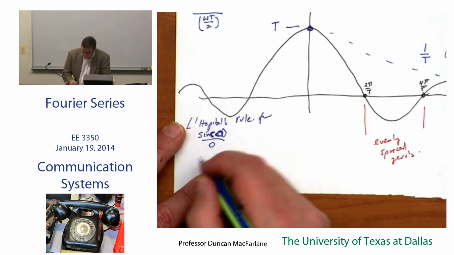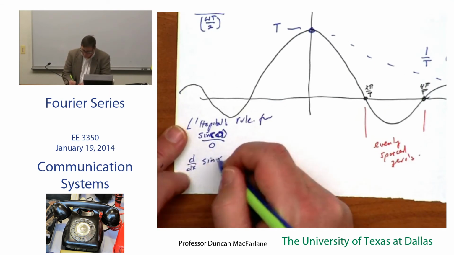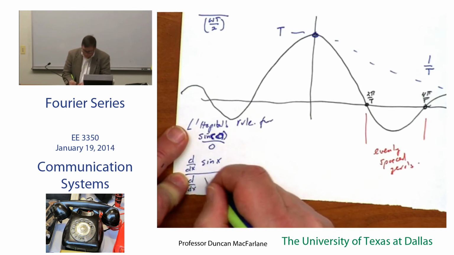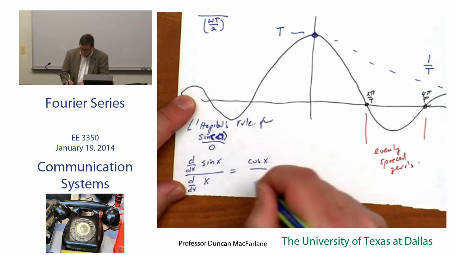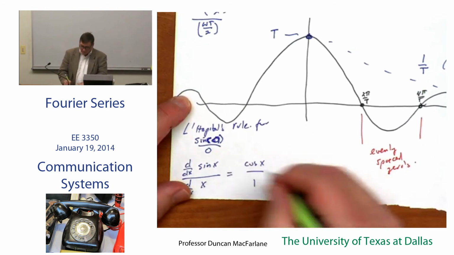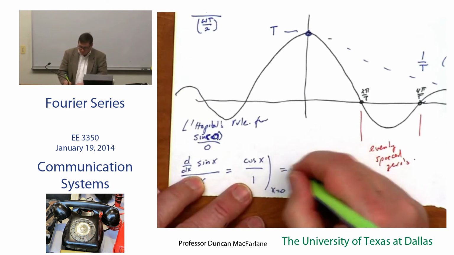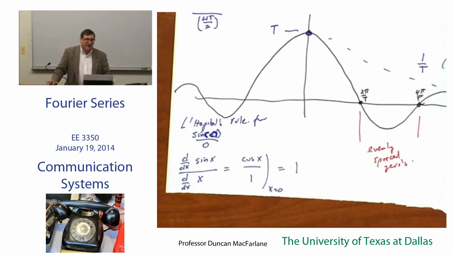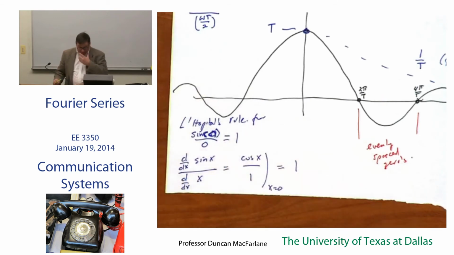I take d by dx of sine of x divided by d by dx of x, and that's equal to the cosine of x over 1. Then evaluate this at x equals 0, and that equals 1. Multiplied by t, and I get that guy there. Sine x over x is equal to 1.